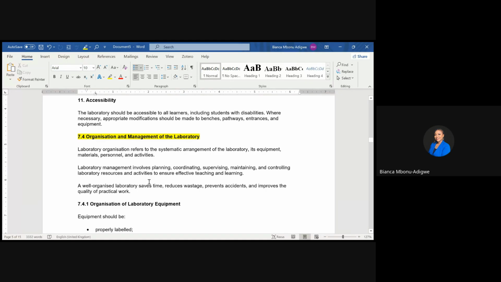Now, when we talk about accessibility, when you are designing your laboratory, it should be accessible. Accessibility doesn't only mean being close to students or that you can easily get to it. We are also talking about accessibility for all learners, including students with disabilities.